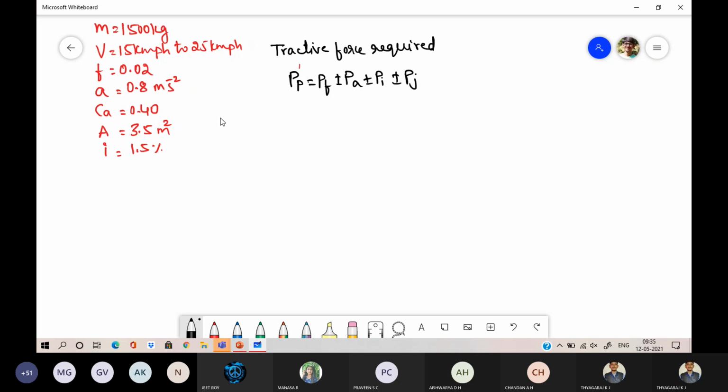So now we have to calculate one by one. First one is rolling resistance. We know that PF is equal to MFG. So 1500 into F, that is given as 0.02, into G, 9.81. So what will be the value?